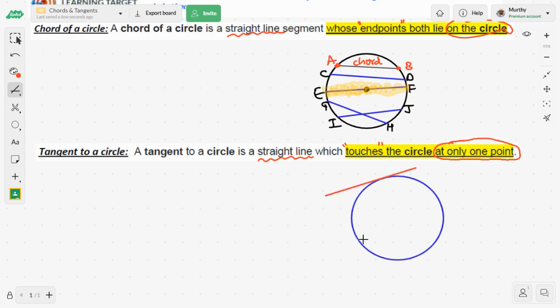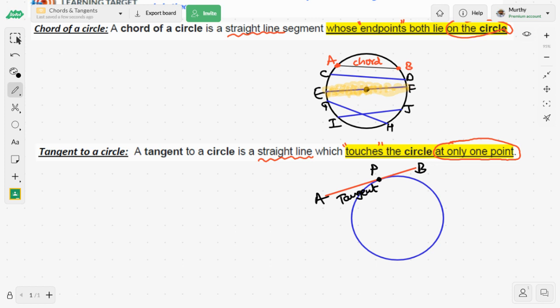You don't bother about the length, it doesn't matter. Here it is touching the circle at point P. Therefore, I can say that AB is a tangent. Once again, a tangent is a straight line or line segment that touches the circle at one point.